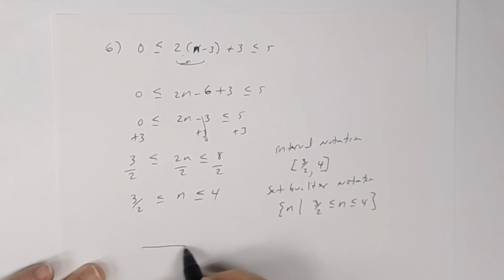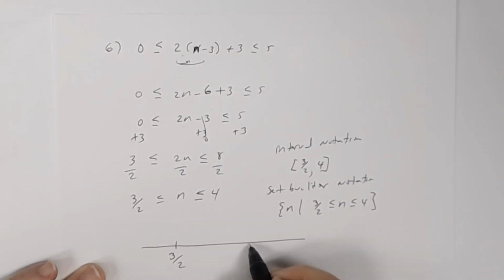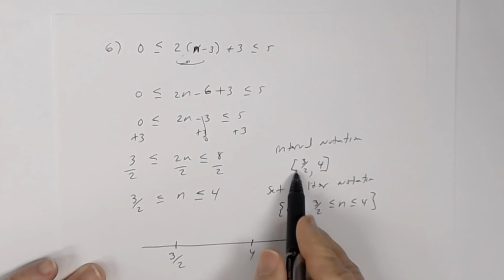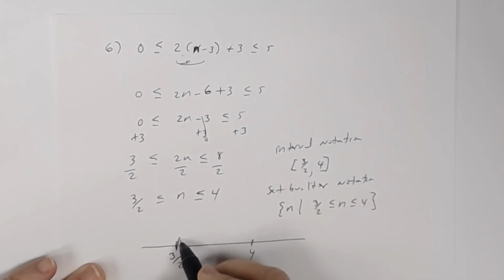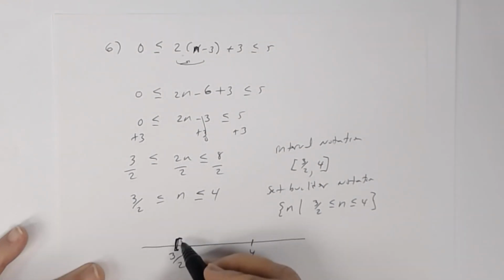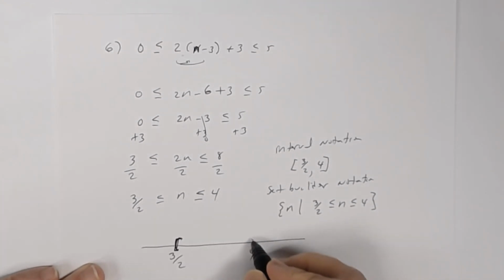And then your graph, you put the smallest first, the largest on the right. Both of those are going to be brackets because they both have equal signs. See the brackets? Make sure it looks like a bracket. At first I kind of messed this up. I'm using a pen, but if you're using a pencil, you may need to erase it.